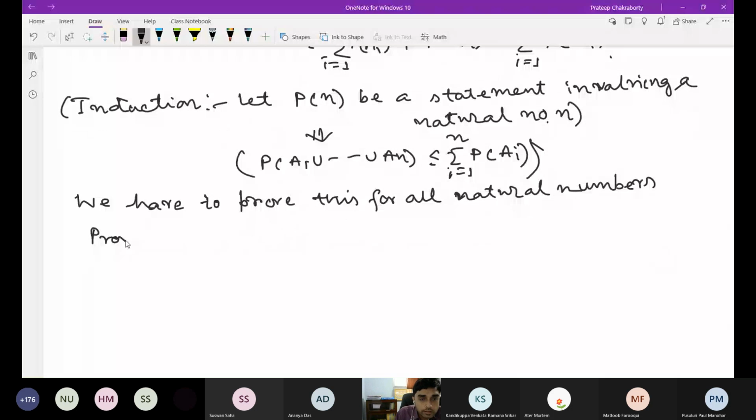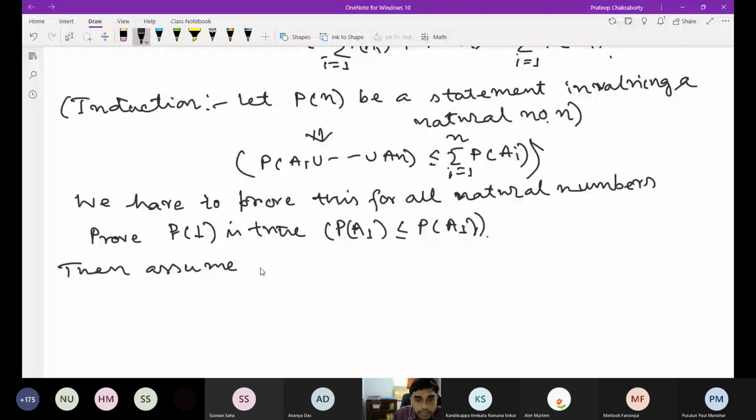prove P1 is true. Like in this case, what is P1? P1 says that PA1 is equal to PA1. Okay, so first prove that P1 is true, then assume Pn minus 1 is true. This thing you have to assume. Okay, this is you are not proving.